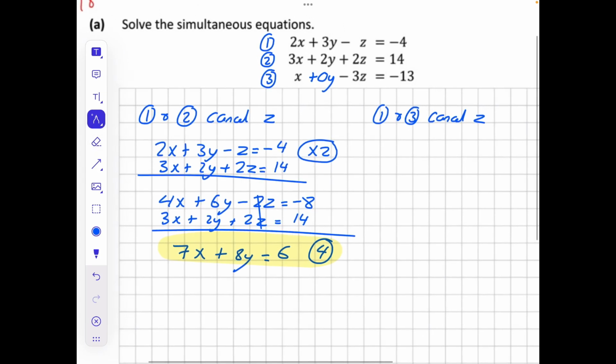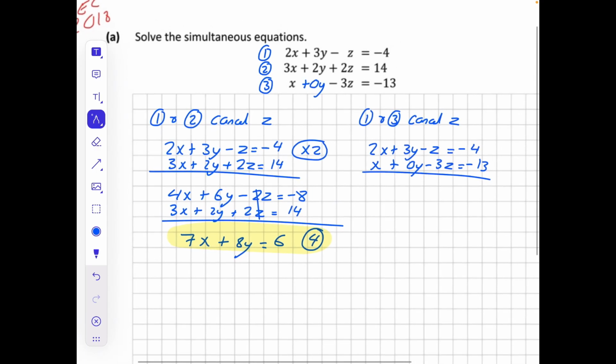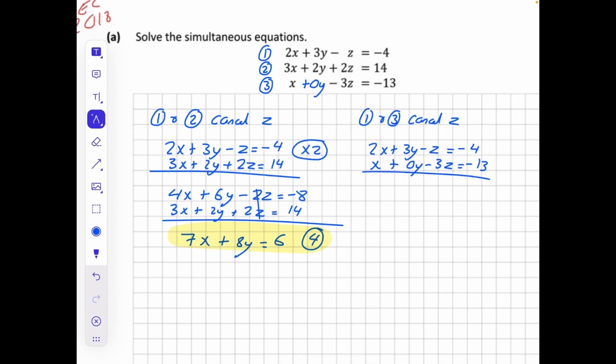And now I'm going to do 1 and 3 and cancel z's with those. So we have 2x plus 3y minus z is equal to minus 4, and x plus 0y minus 3z is equal to minus 13. I need to cancel z's again, so I need to multiply that top line by negative 3 to get a positive 3z.